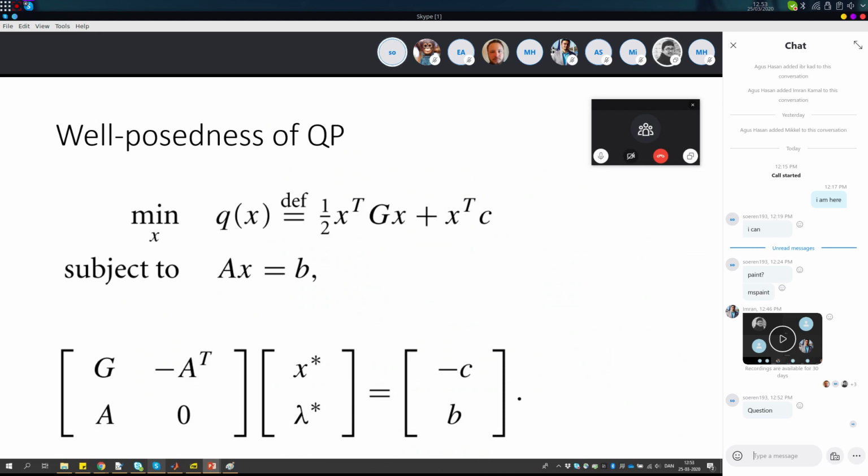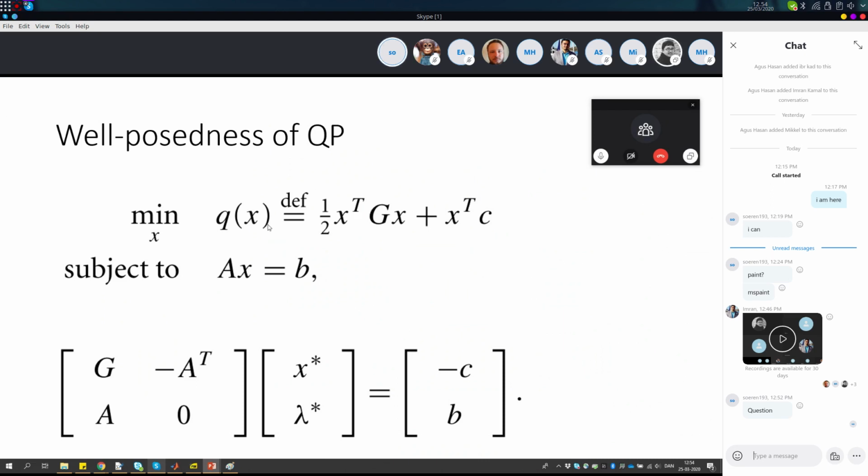So if G, which is the Hessian, is positive definite, then the problem is convex. But we're only looking at quadratic. Never mind. Yeah. So there is a condition. We can say this quadratic function is convex if G, the Hessian, is positive definite. So okay, continue.